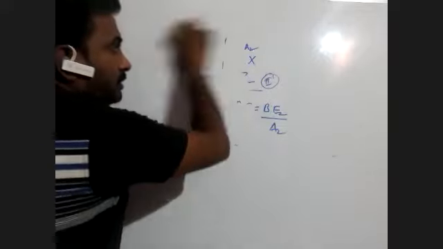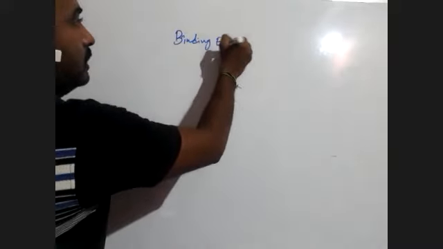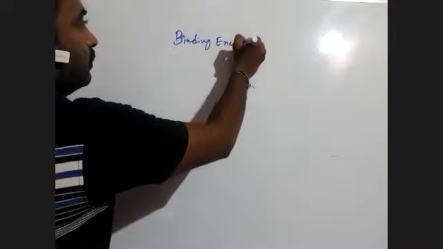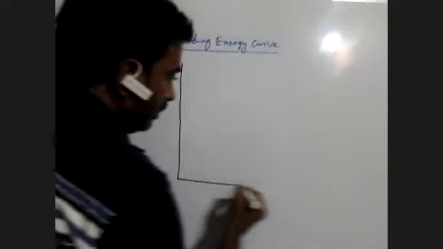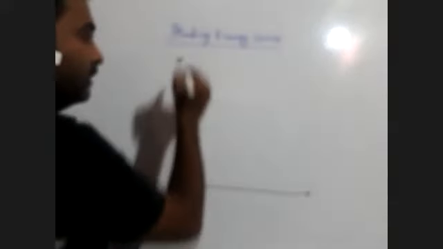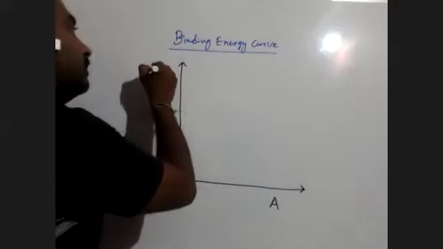Now the next topic is the binding energy curve. Very, very important. In this binding energy curve, we'll draw a graph between mass number and binding fraction.